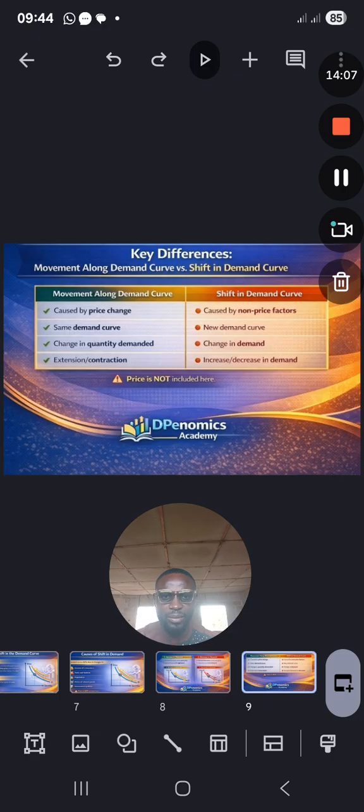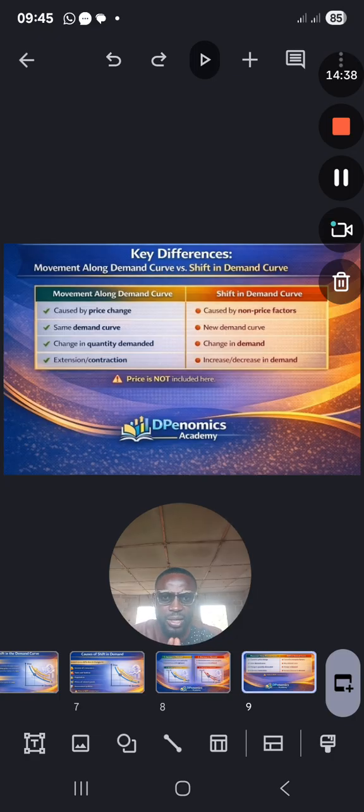Now, lastly, we have change in quantity demanded and change in demand, which I've explained. Change in quantity demanded, movement along demand curve, is mostly caused by price alone, and every other factor can cause a change in demand. Now, extension and contraction of demand. Extension of demand, when price falls, as price falls, demand increases, and for contraction of demand, as price of the commodity rises, demand decreases.